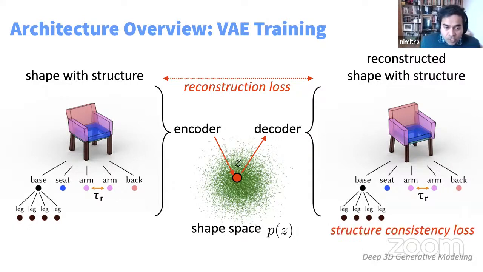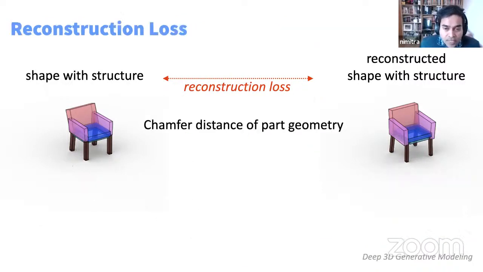So we use a Chamfer loss. Then a component which is quite unique to StructureNet is an explicit graph level edit distance, which we call the structural loss. And there's a variational regularizer component because we are using a VAE. So the most relevant or novel part here is the structure consistency loss because we have the explicit graph encoding of this.